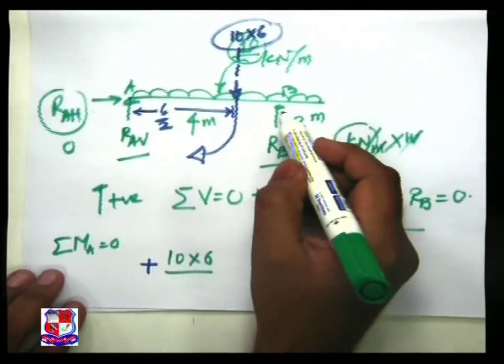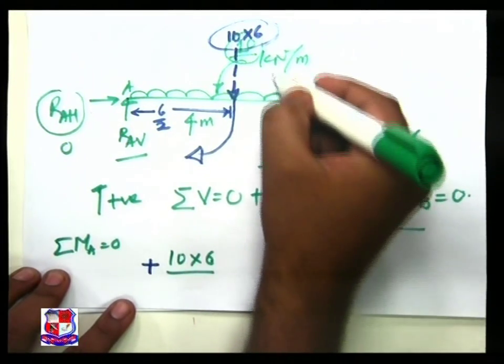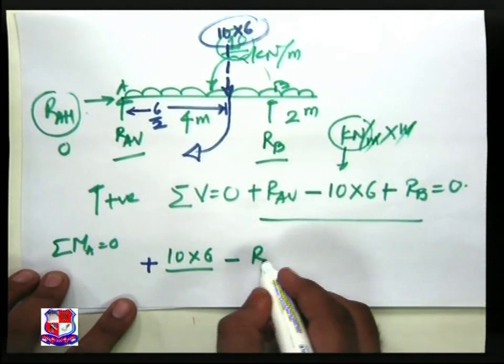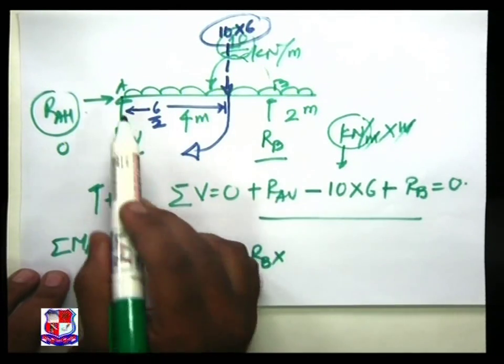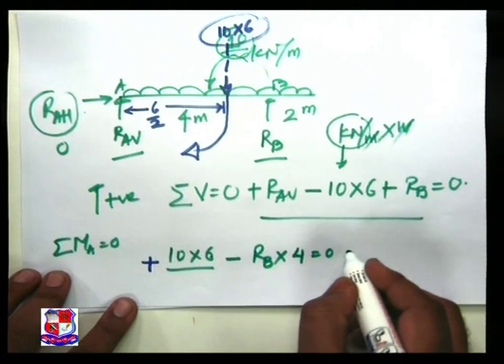Another force, that is RB. This creates anti-clockwise moment, treated as negative. RB into perpendicular distance from A, that is of 4, is equal to 0.